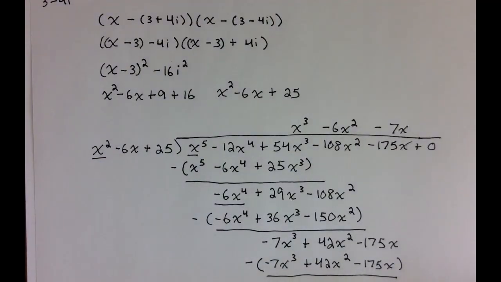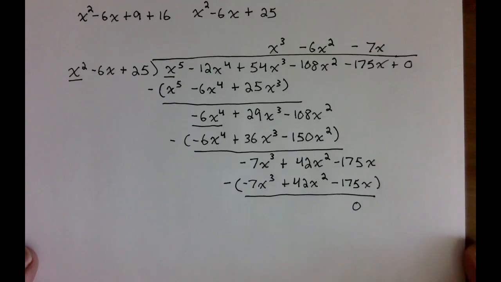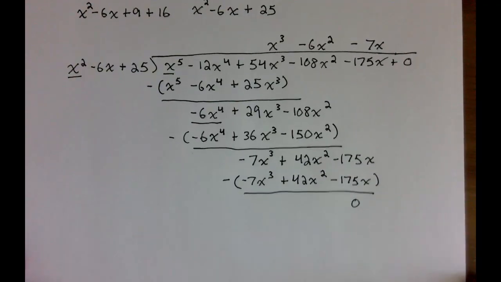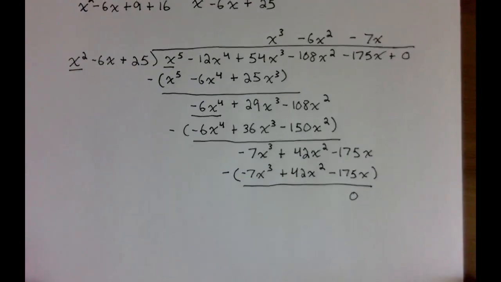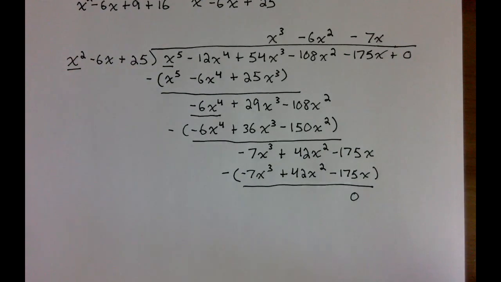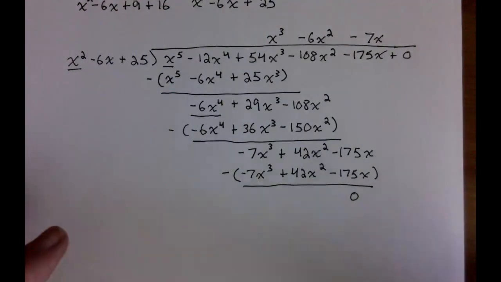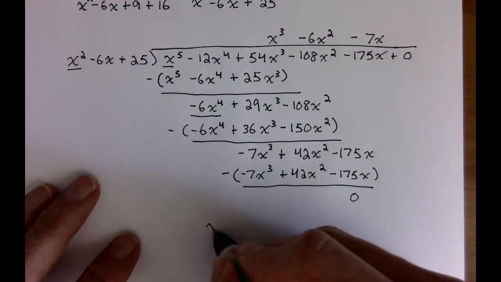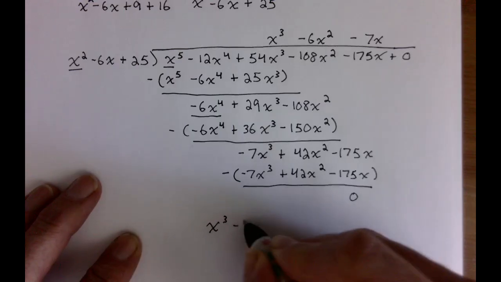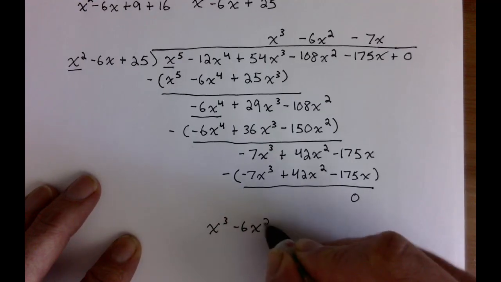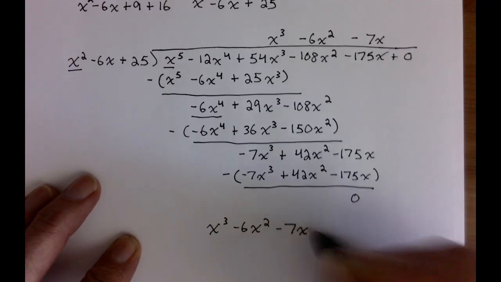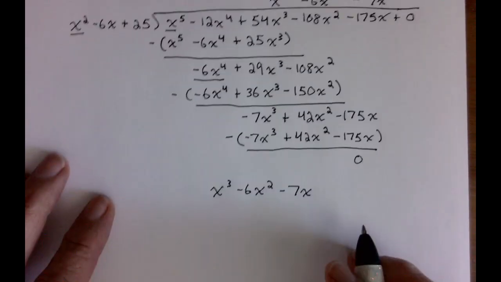All right, now that was a lot of work. Oh, sorry, I've gone off screen there. That was a lot of work. And we're getting close now to the end of this problem. I've got this expression left over. It's x cubed minus 6x squared minus 7x. I can factor an x out of that, right?